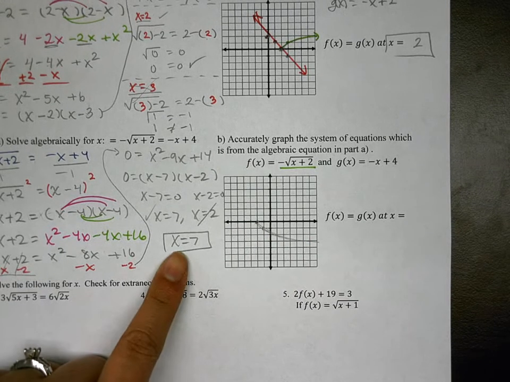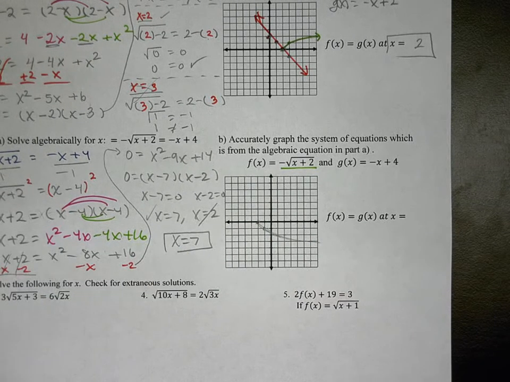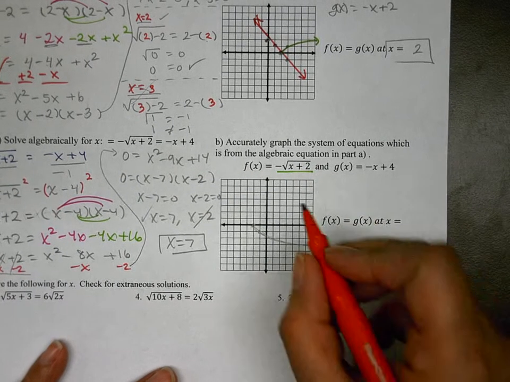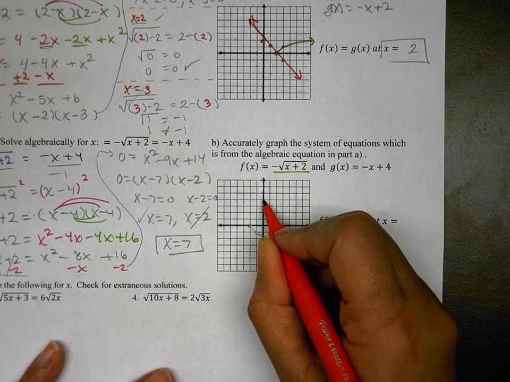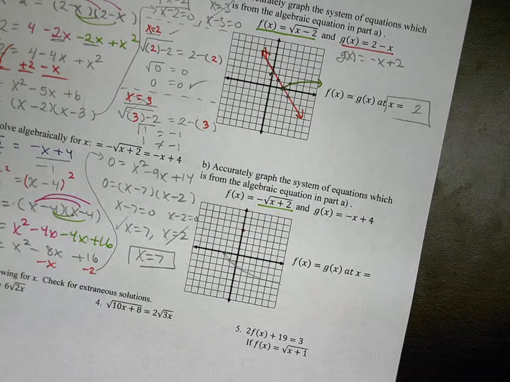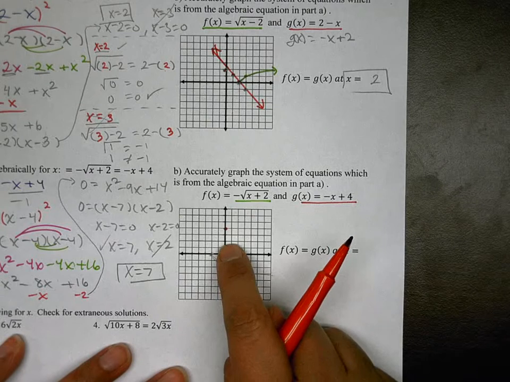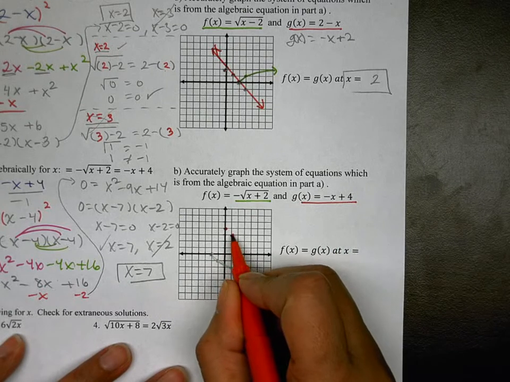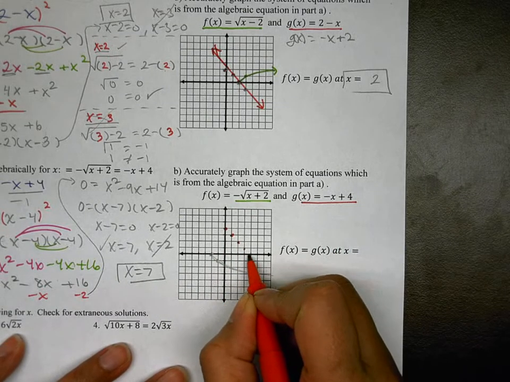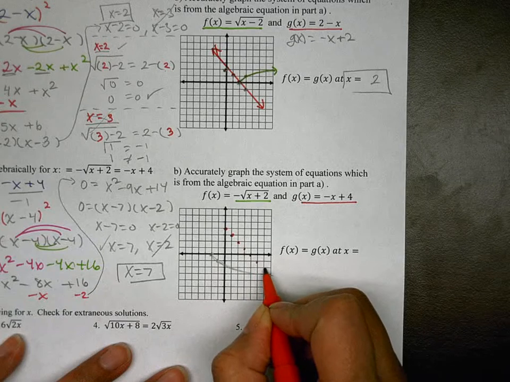And we know our answer should be x equals 7, comma, some y value. All right, up 4. 1, 2, 3, 4. And I'm just going to go ahead and use a straightedge this time because it's a line. 1, 2, 3, 4, and then down 1 over 1. And I'm just going to keep going and going and going.